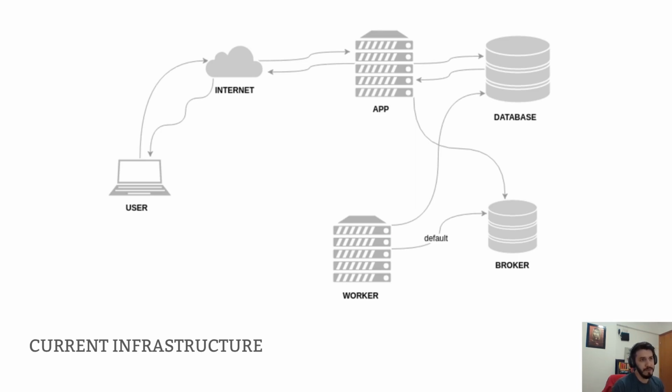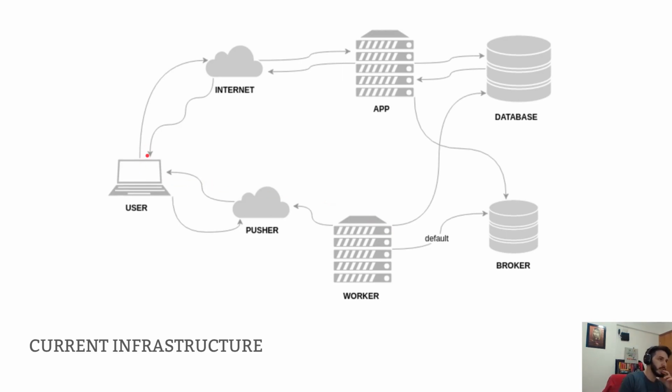So where does it fit? In this picture, it fits right here. Your user is going to request a page to your application, and it's going to send back HTML, CSS, and JavaScript. When the JavaScript boots, it connects to the Pusher server, and then it keeps a persistent connection here.